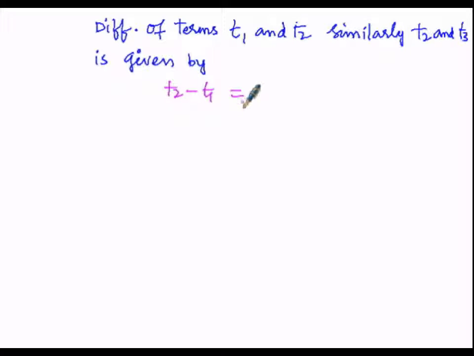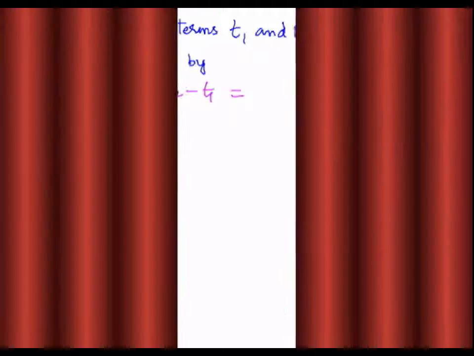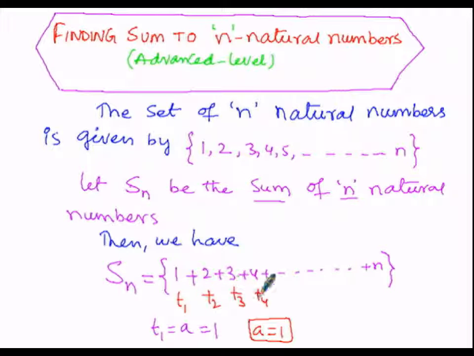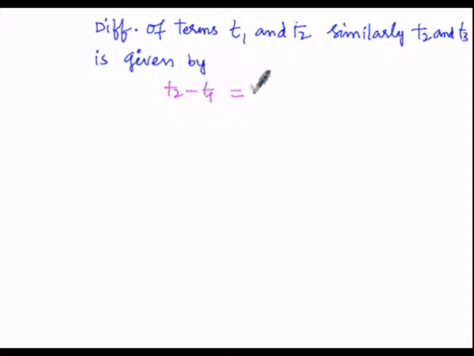As per the sequence, the first term is 1, the second term is 2, the third term is 3 and the fourth term is 4. So the second term 2 minus the first term 1 is 1. Similarly, the difference of t2 and t3 is t3 minus t2, which is 3 minus 2 equals 1. So when we observe these two conditions, the difference t2 minus t1 and t3 minus t2 is the same, equal to 1.